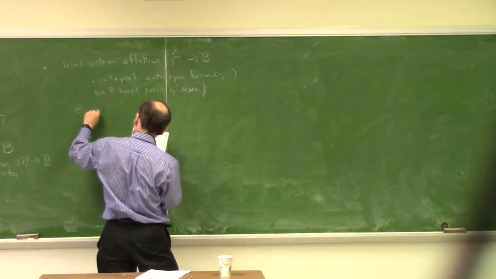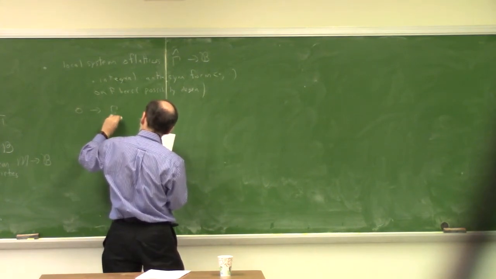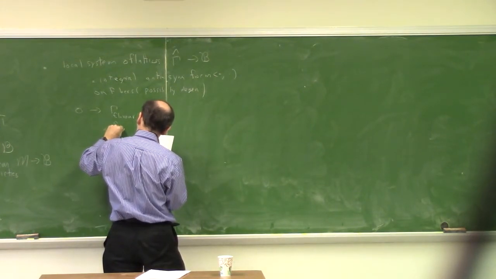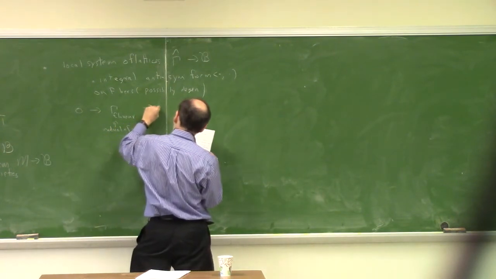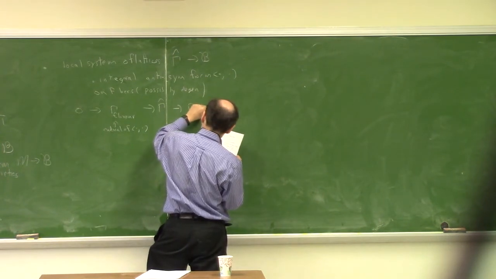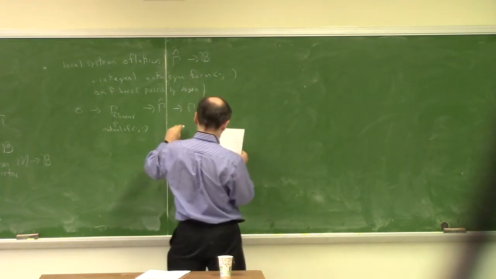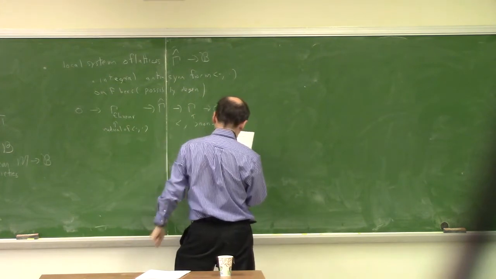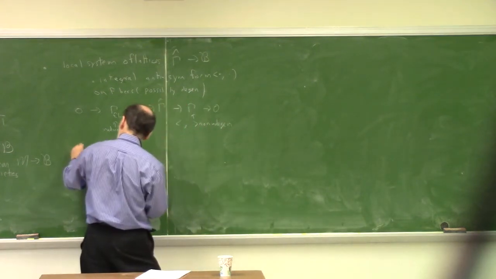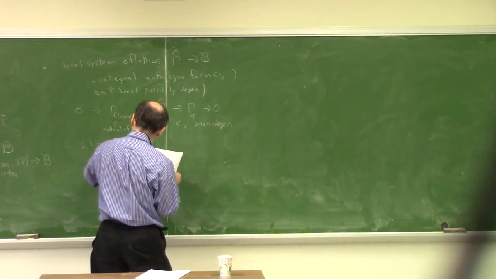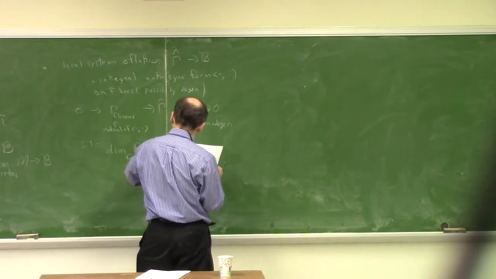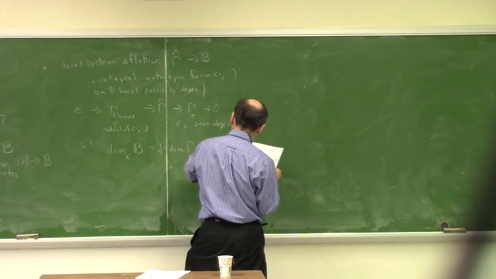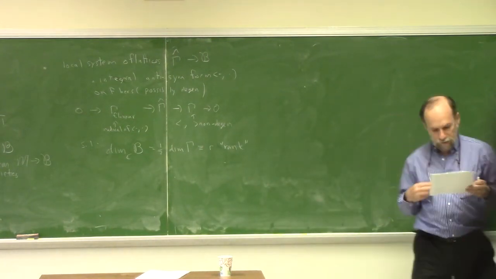So that if you mod out by the radical, on the quotient we get a non-degenerate pairing, and such that the complex dimension of B is half the dimension of gamma, which we will call the rank of the N=2 theory.